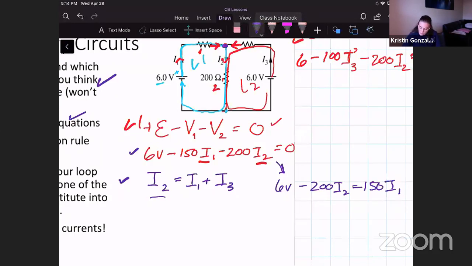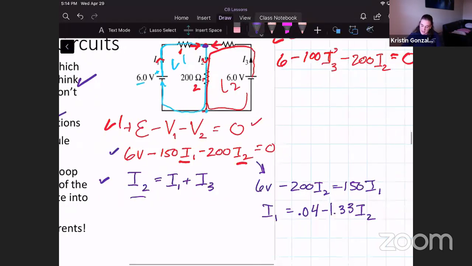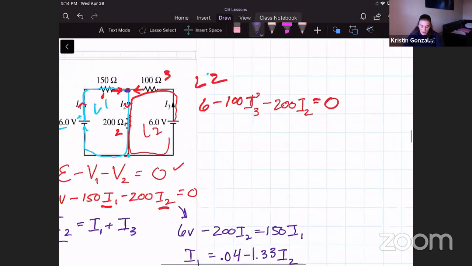So then I1 will equal 0.04 minus 1.33 I2. I could plug that in right here for I1, and I'm going to have I2, I2. We'll do that in a second. Now let's do the same thing with our equation using loop 2.